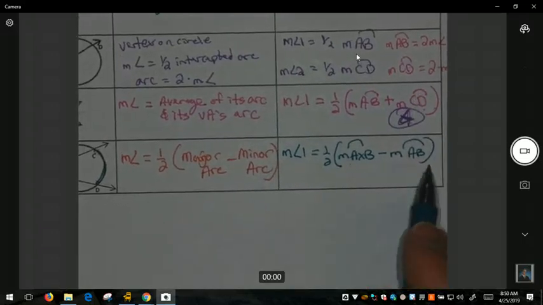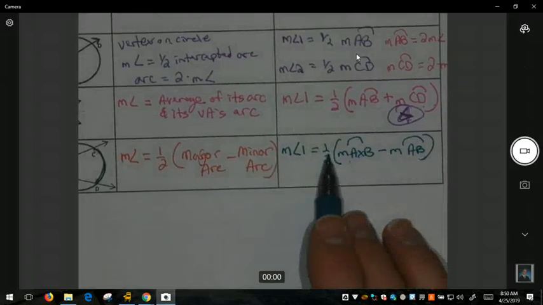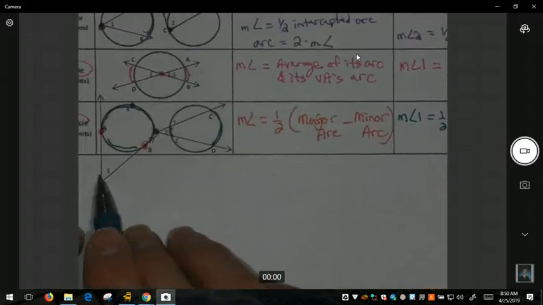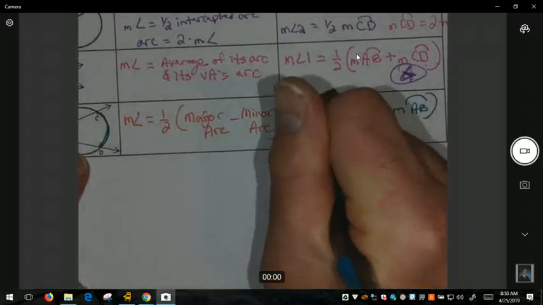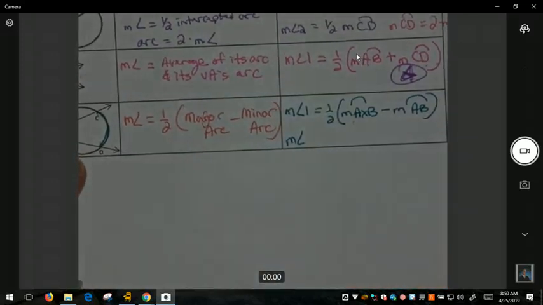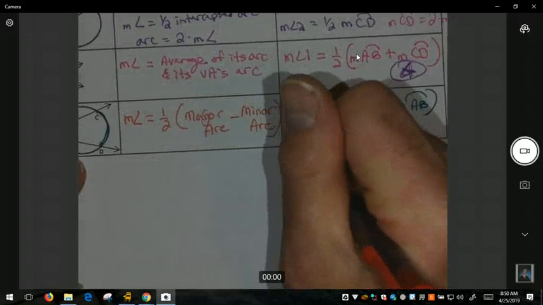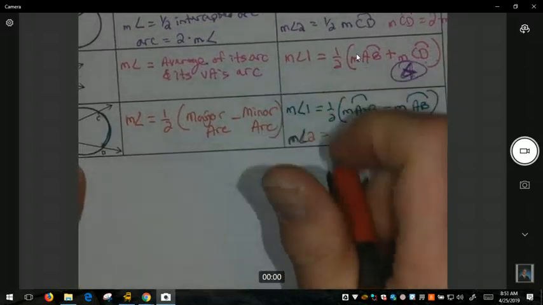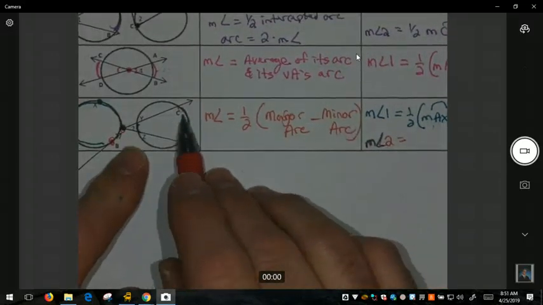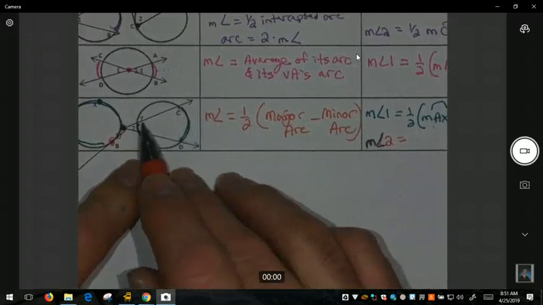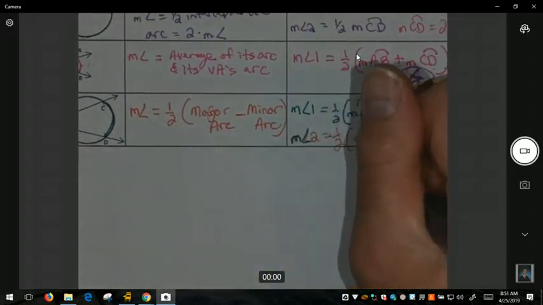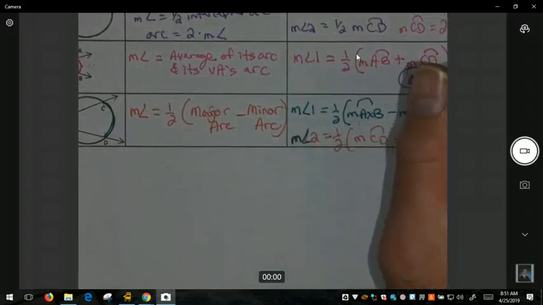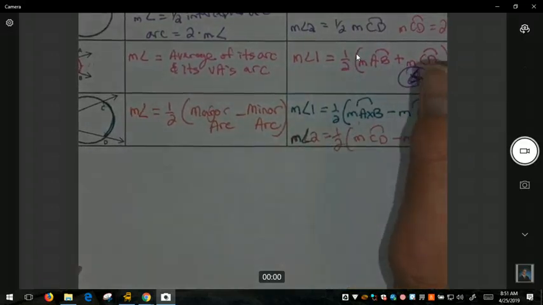So take the bigger arc, take away the smaller arc, do half of its value, and you'll know this outside angle. For this one, the measure of angle 2 will equal half of the difference of arc CD and YZ. Measure of arc CD minus measure of arc YZ.